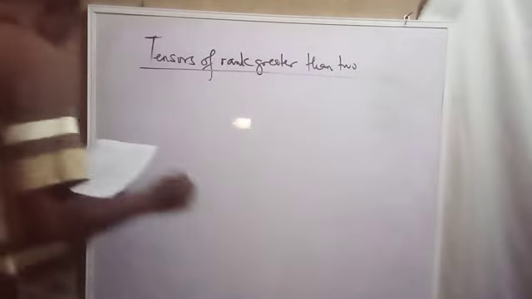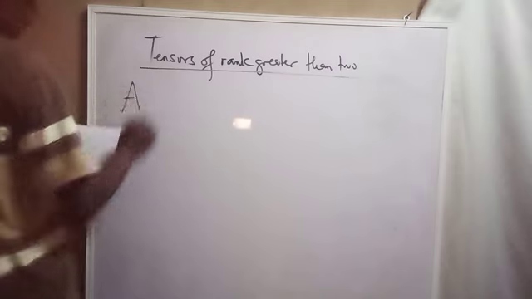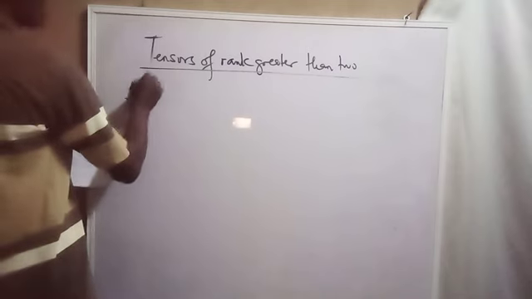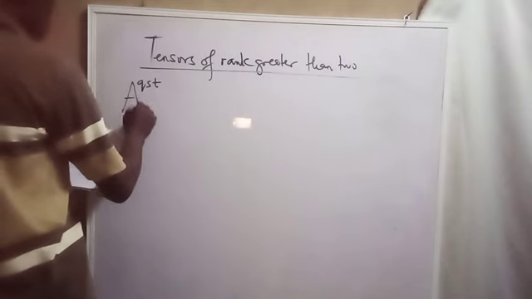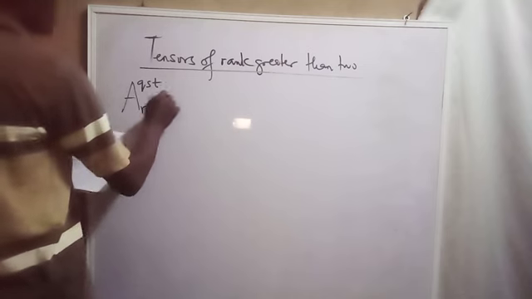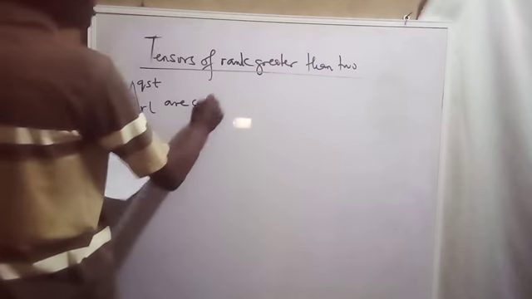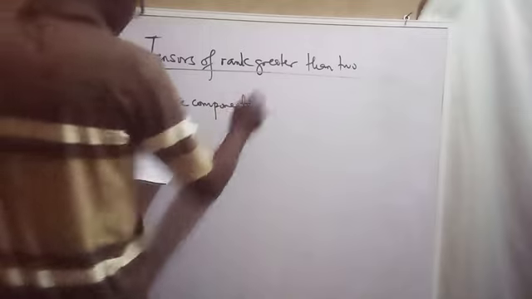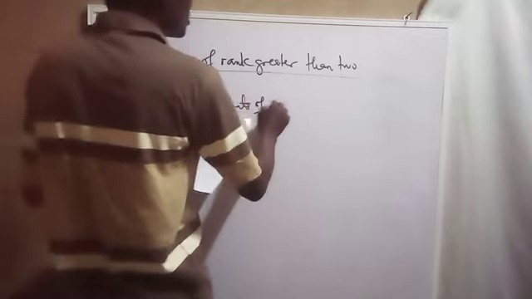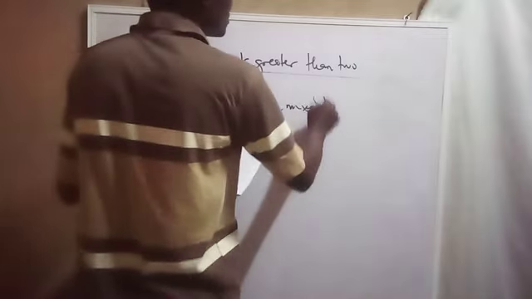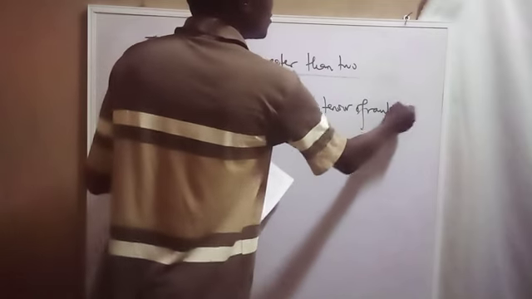Let's look at this: A q s t r l are components, a very good example of a mixed tensor, of rank 5.